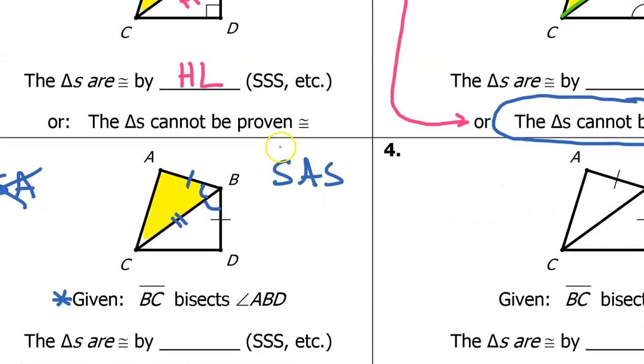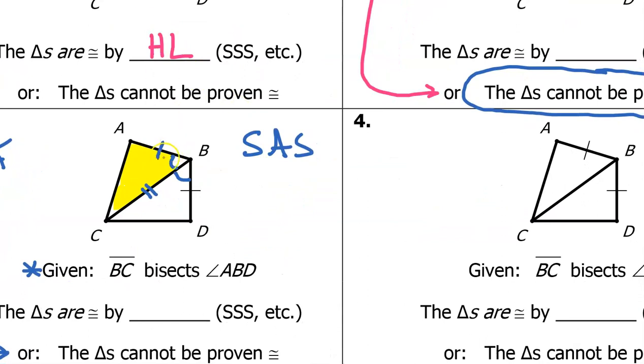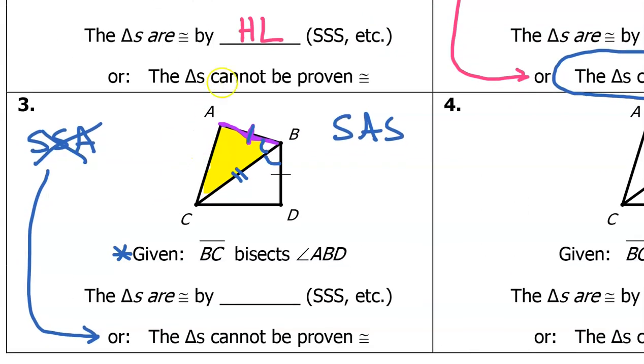So let's trace it out. Here is one side right here. That's one side that's marked congruent. And here is the other side that's marked congruent. So where do they meet? Those two sides meet right here.